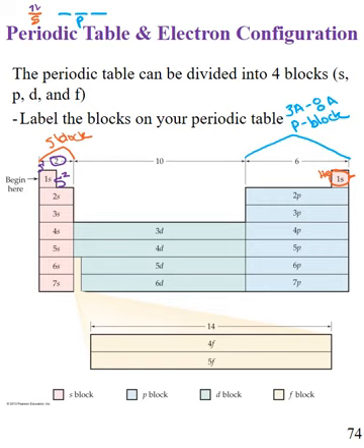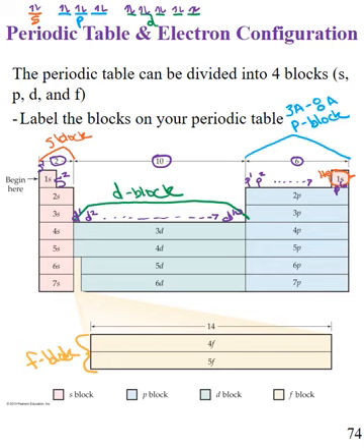Okay, and the last one is going to be F. The F orbitals are these lanthanides and actinides. So I want you to label F block on your own periodic table. If you looked at the F subshell, how many orbitals does it have? It would have a total of 7.